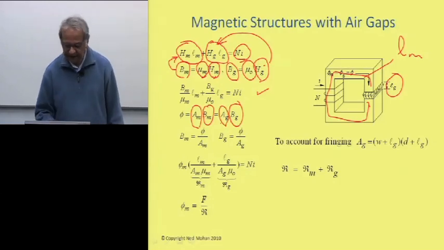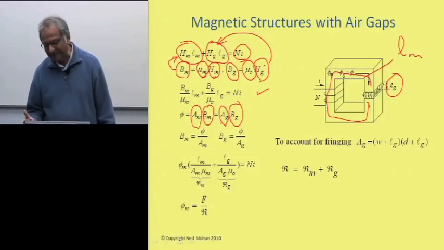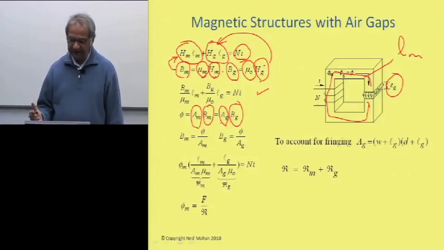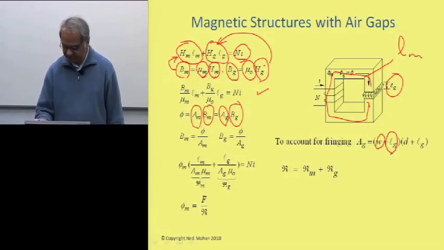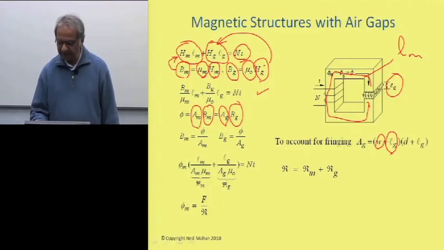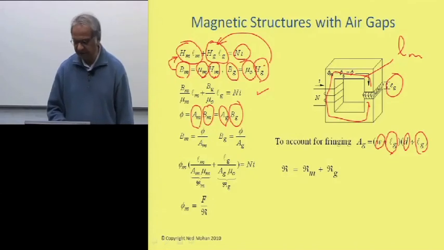Well, the area of the air gap may be slightly larger than that in the magnetic core because of the fringing of this flux, and that we can take into account by increasing the width of this core by the air gap path length, and similarly the depth of this core, increasing it by L sub g over here.